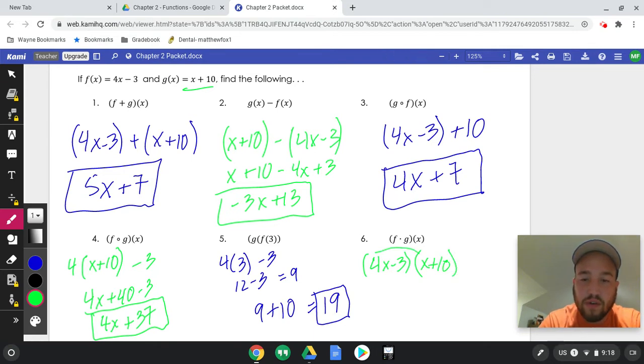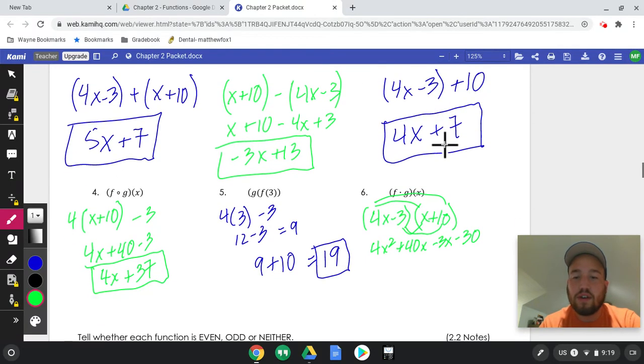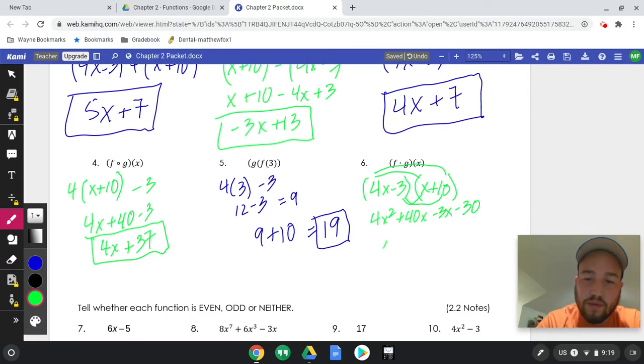So first, we get 4x squared outside, plus 40x inside, minus 3x, and then last, minus 30. Okay, and now all we've got to do is combine our like terms, and we're left with 4x squared plus 37x minus 30.